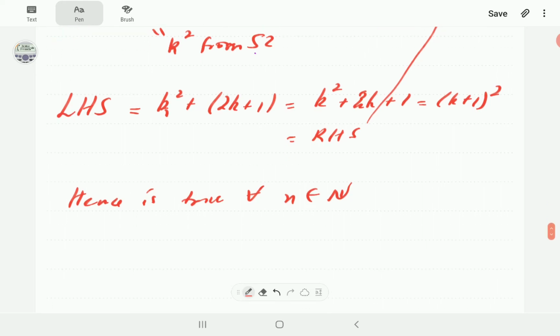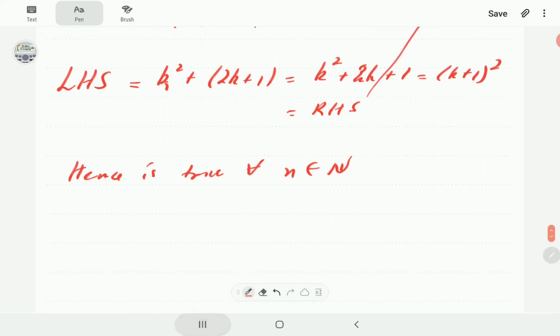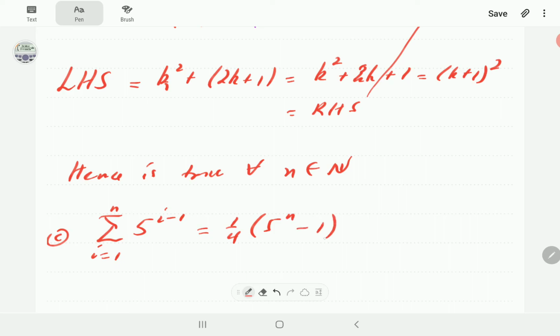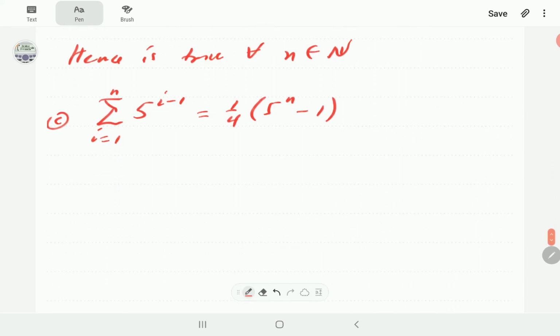One more example perhaps. So this time in C we have got the summation of 5 to the power i minus 1, from i equals 1 to n. We are told that this is equal to 1 over 4, 5 to the power n minus 1. When n is equal to 1, it will be 5 to the power 1 minus 1.